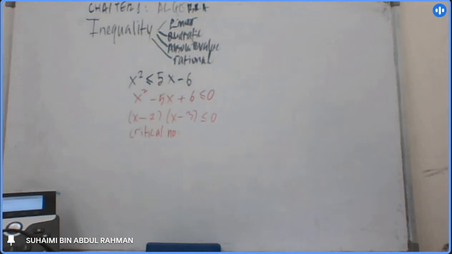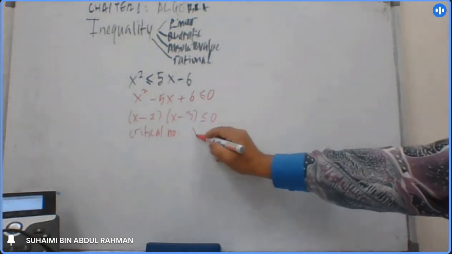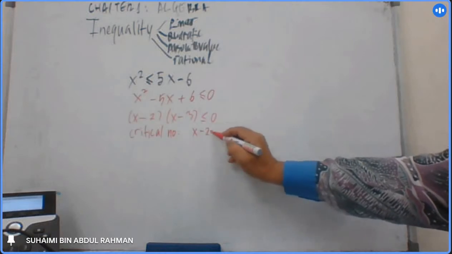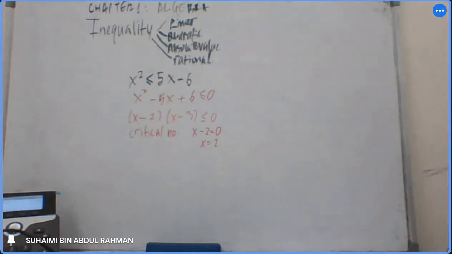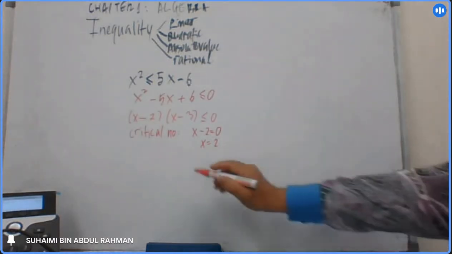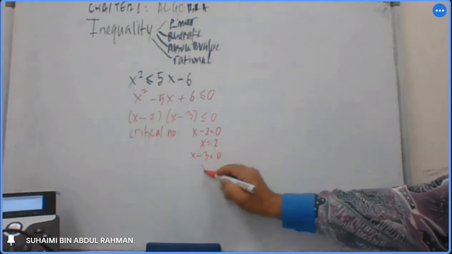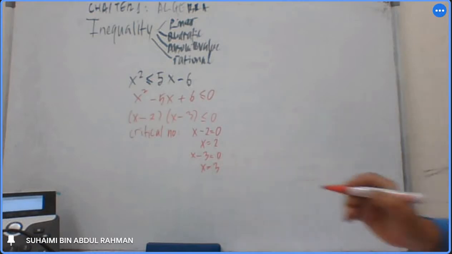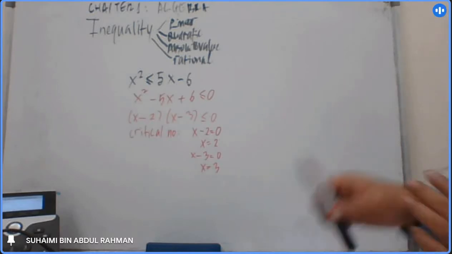How to find critical numbers? Make all the terms 0. Make x minus 2 equal to 0, x is equal to 2, one critical number. Another one, make x minus 3 equal to 0, x equal to 3, another critical number. So we have two critical numbers, 2 and 3.